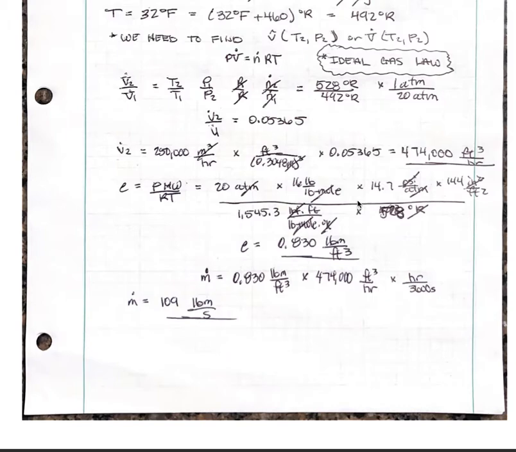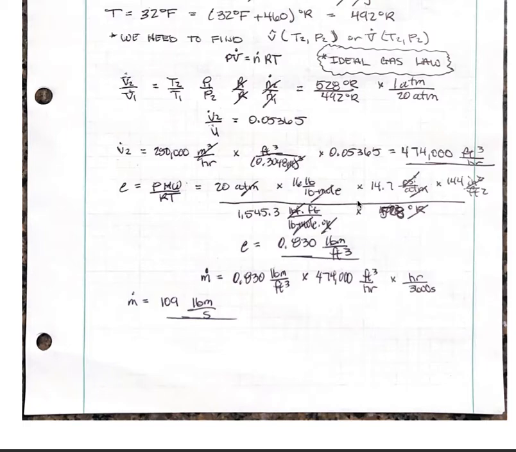Okay, rho, the density of your gas, equals the pressure times the molecular weight divided by RT. So the molecular weight of CH4 is 16. That's some little chemistry for you.